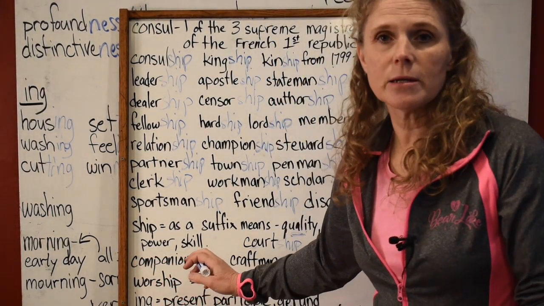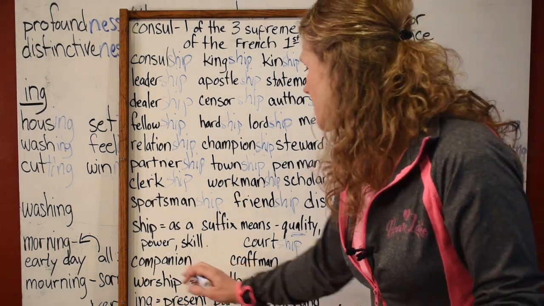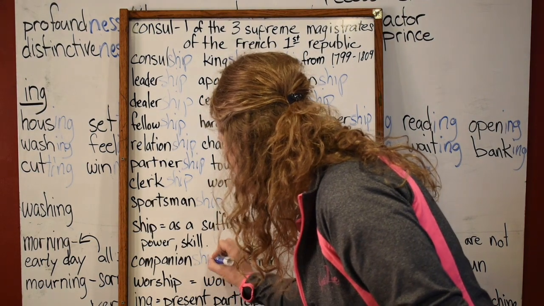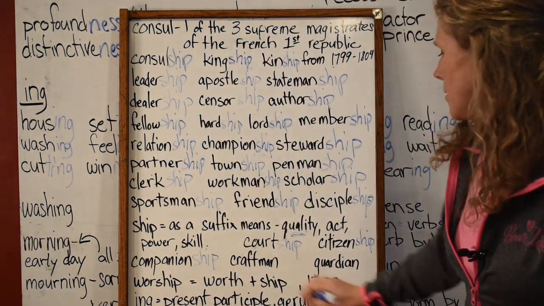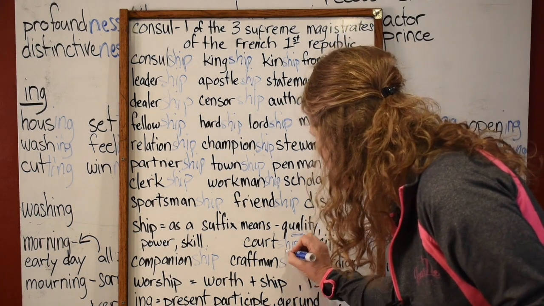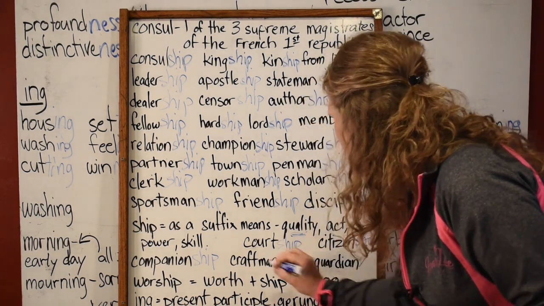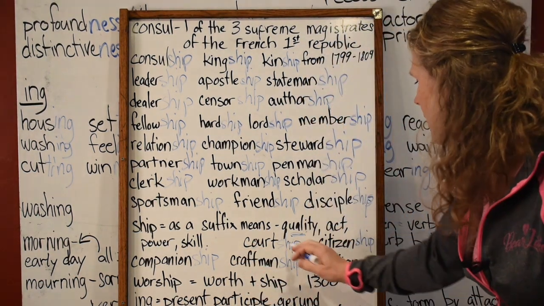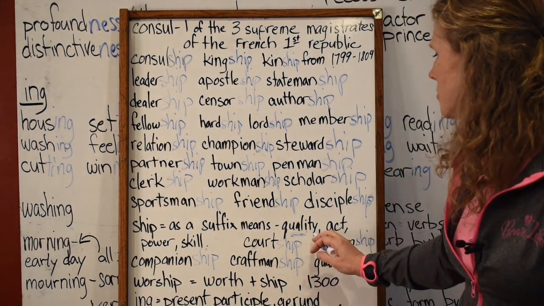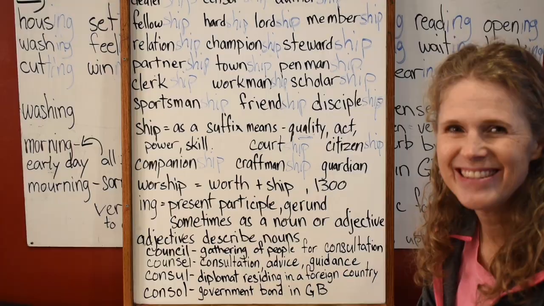You're a companion. So it's a noun. You're going to receive your companionships. Craftsman. It's a person. A craftsmanship. What kind of quality of craftsmanship does he do? It's a skill that he has.